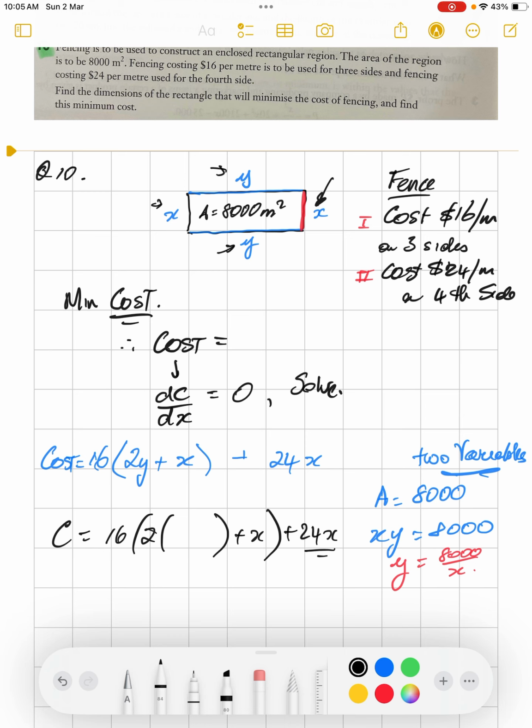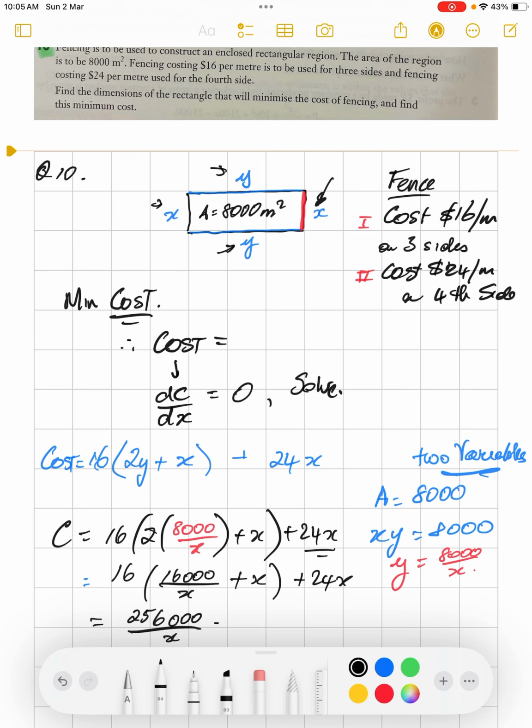We can cancel, no, we can't. Okay, so we've got 16 times 16,000 over x plus 24x. So 16 times 16,000 is 256,000, plus 16x plus 24x.